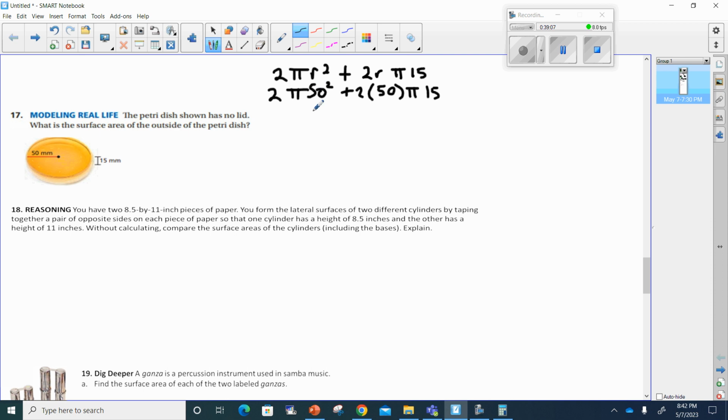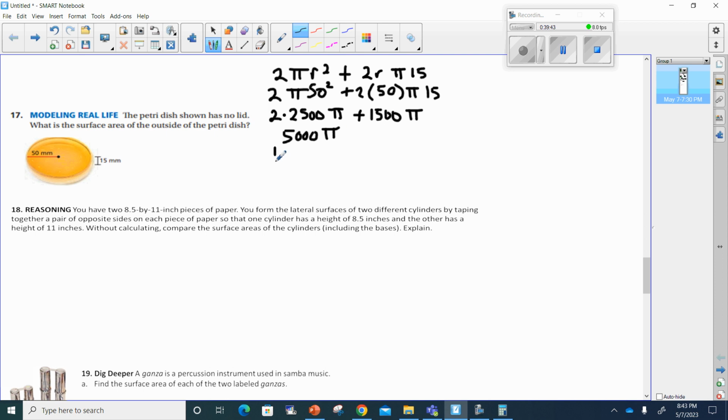50 squared, 5 times 5 is 25, so this is going to be 2 times 25 with 2 zeros after it, and then times pi, and that's going to be added to 2 times 50 is 100, 100 times 15 will be 1,500 pi. So 2 times 2,500 would be 5,000 times pi.